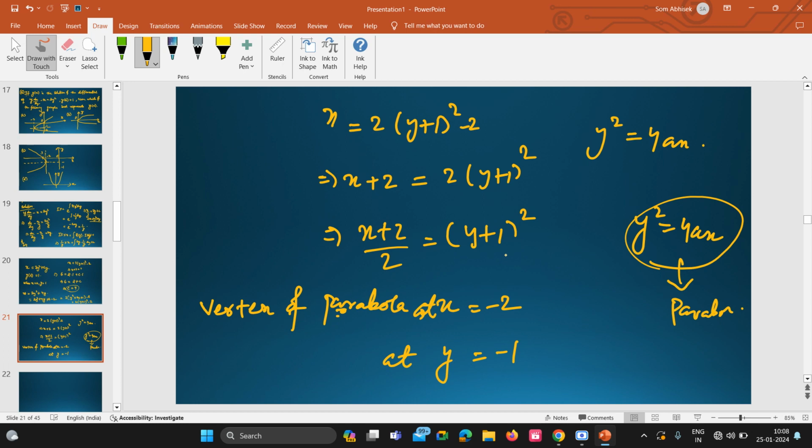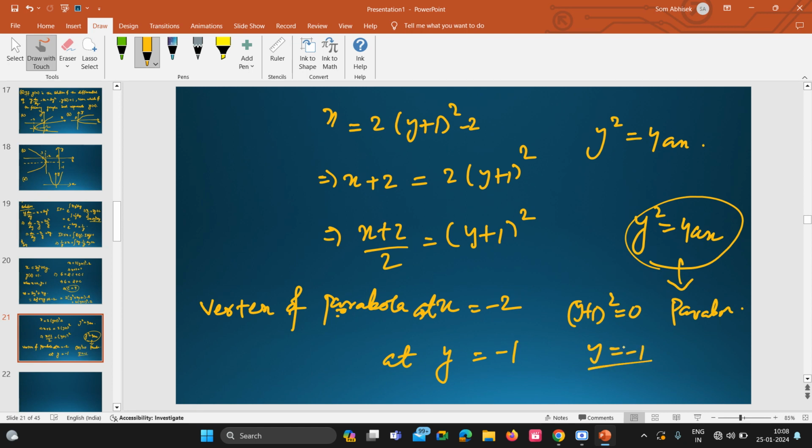Alright. So what will it do? It will cut the axis. How will we solve it? See, just put x is equal to 0. So y plus 1 whole square will be 0, so y is equal to minus 1.